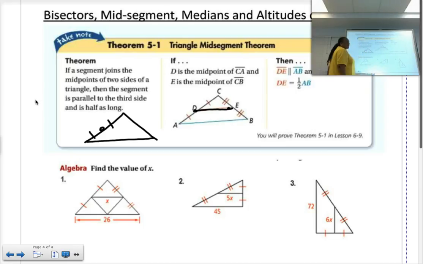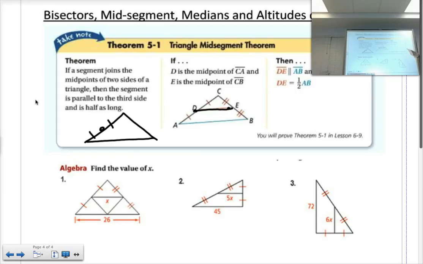I always say the side that's parallel to the midsegment, but it's the third side. Because remember, we had one side with a midpoint, the second side with a midpoint. We drew the line, and that made the midsegment, so this is the third side of the triangle.